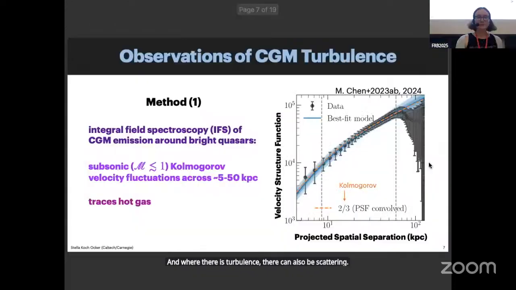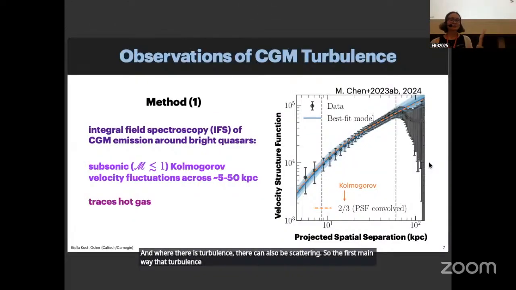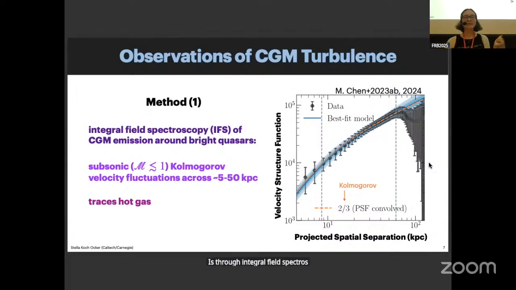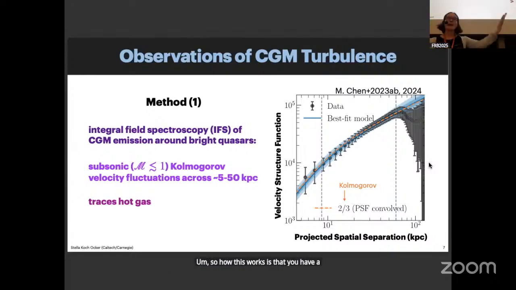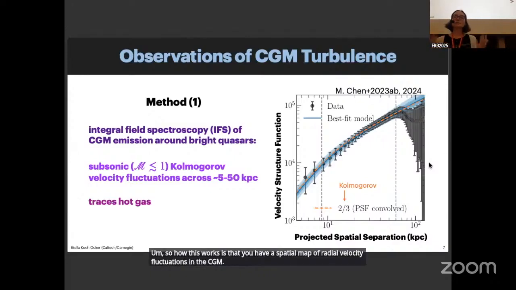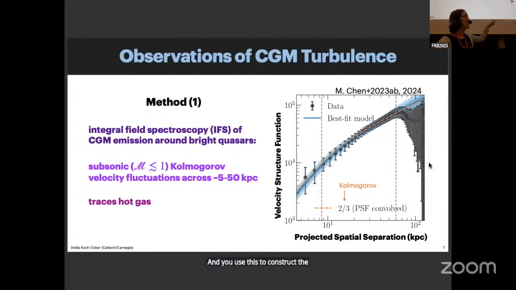The first main way that turbulence is actually observed in the CGM, and arguably the most direct way, is through integral field spectroscopy, or IFS, of CGM emission around bright quasars. How this works is that you have a spatial map of radial velocity fluctuations in the CGM, and you use this to construct the velocity structure function, which you can see an example of on your right.